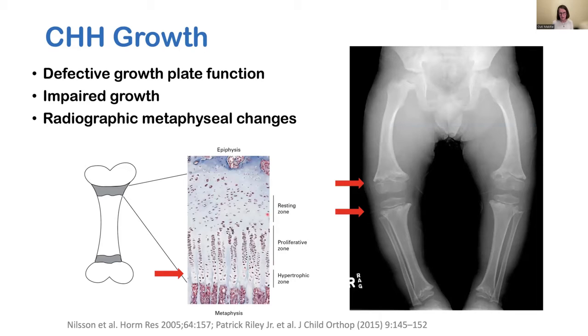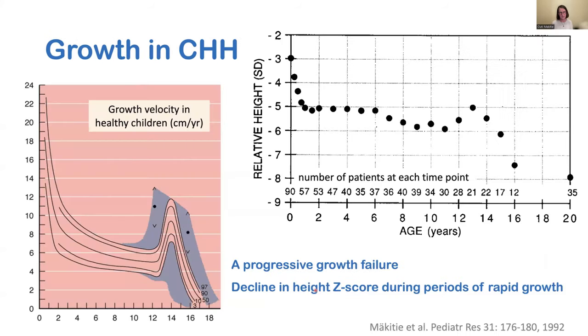So there is a defective growth plate function in cartilage-hair hypoplasia, and this leads to impaired growth, but also to these abnormal metaphyseal changes in the growth plates on radiographs.